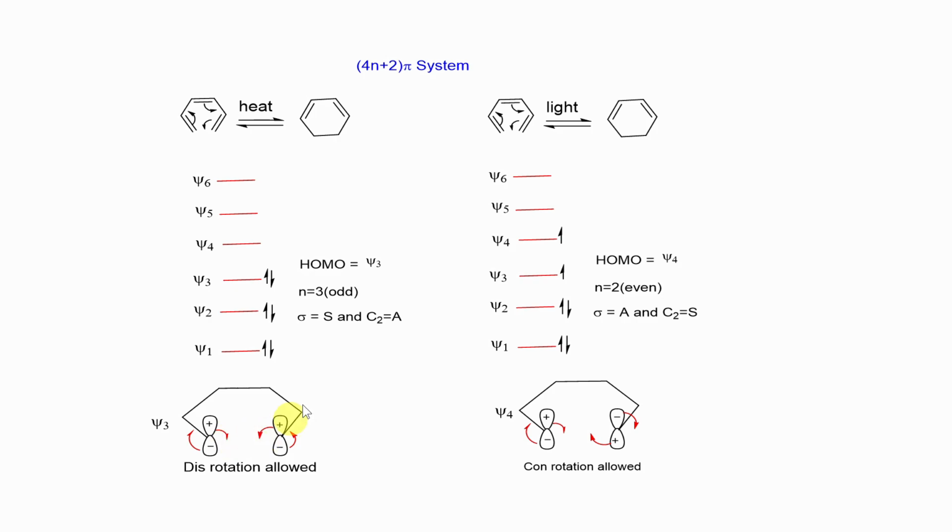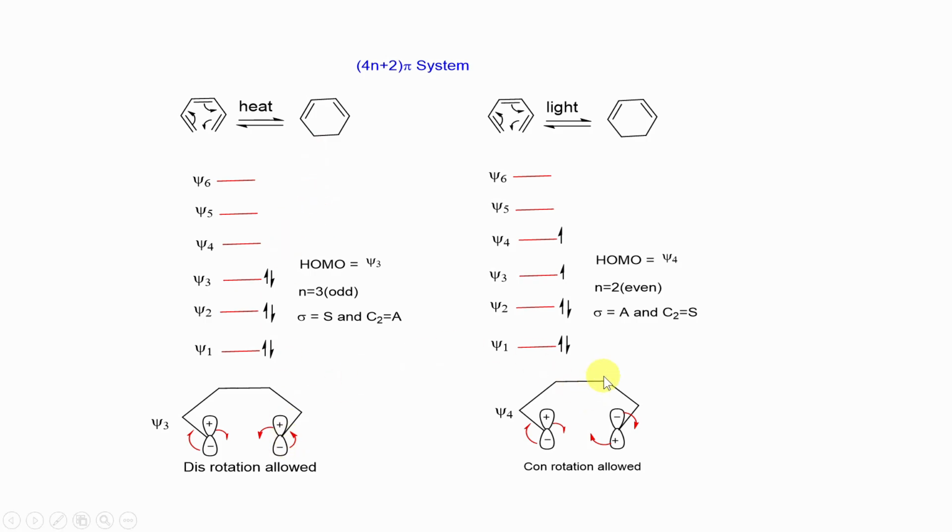Thereby ring closure takes place. So only disrotation will be allowed for the maximum atomic orbital overlap for the ring closure. And so we can say thermal interconversion of hexatriene to cyclohexadiene is a disrotatory process.